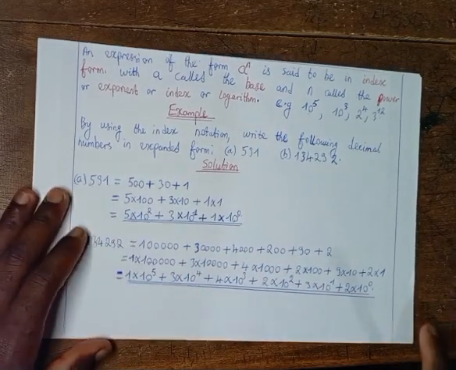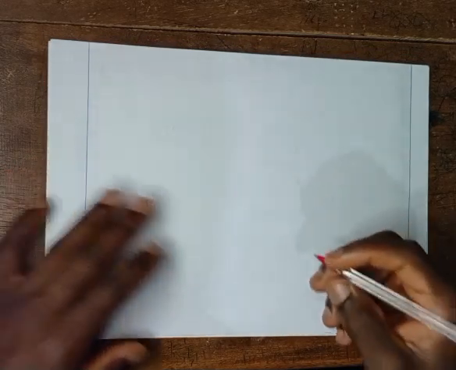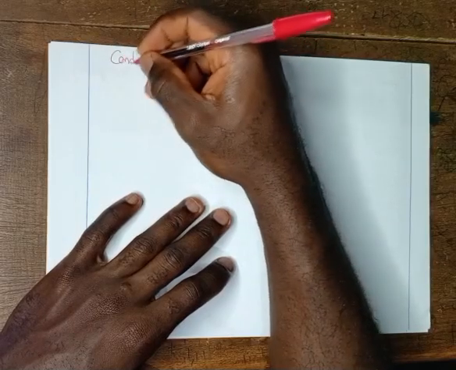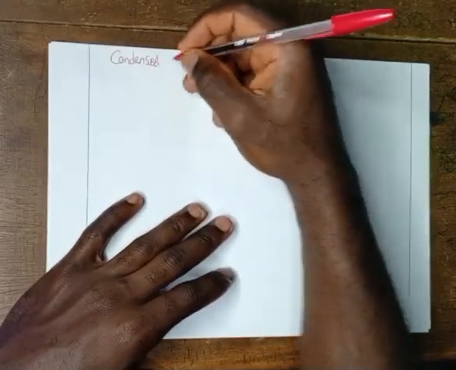We are done with this. Next, we are going to take now a subheading, which is condensed form of decimals. When you hear of condense, that means reducing something.